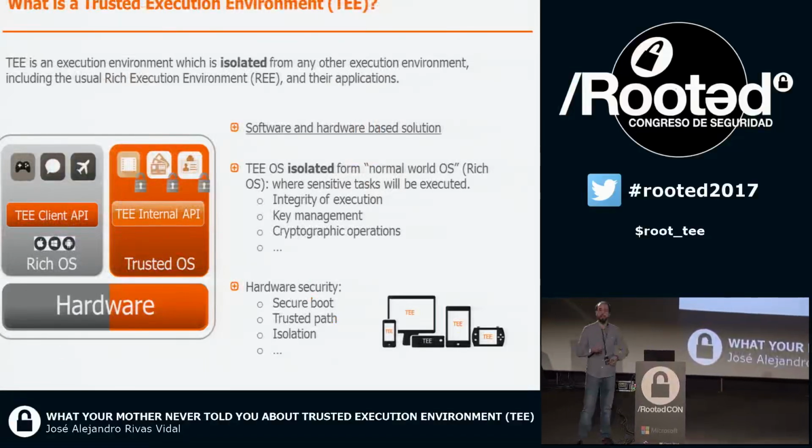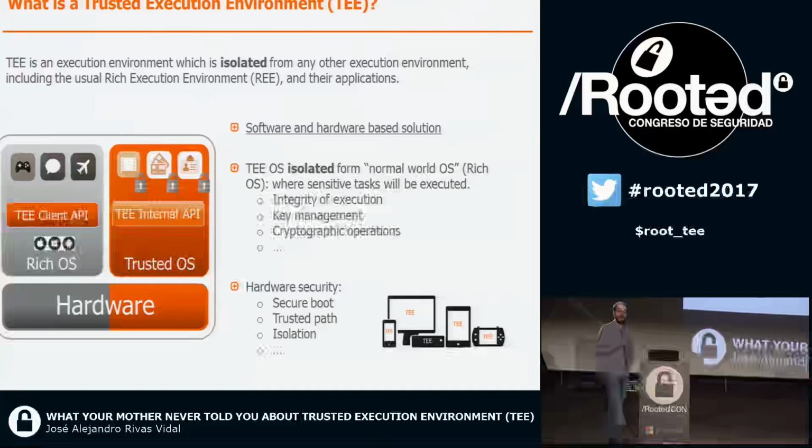The trusted execution environment, TEE, which combines hardware and software. Regarding software, we need to think that a device that uses a TEE will execute at least 2 operating systems in parallel. One of them is a rich operating system, and we need to think of that concept as our Android, iOS or Windows, and then the trusted operating system, where we delegate all those operations that are critical that we want to protect.